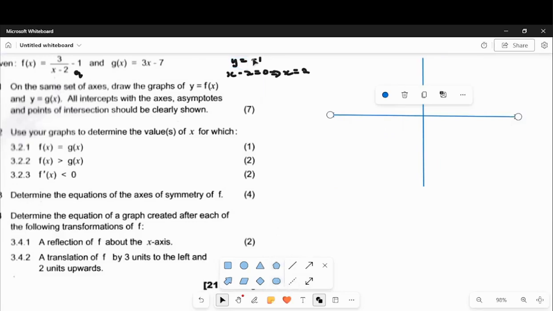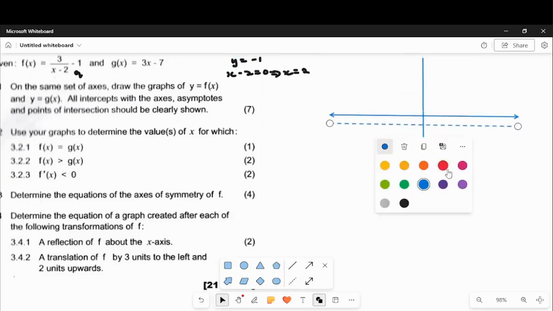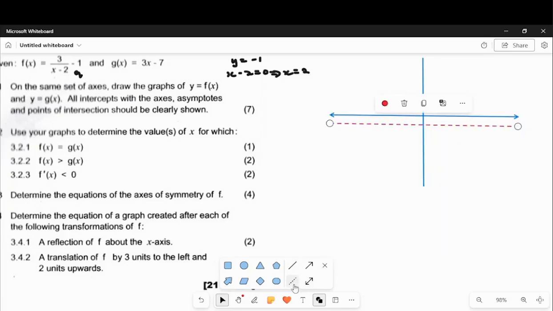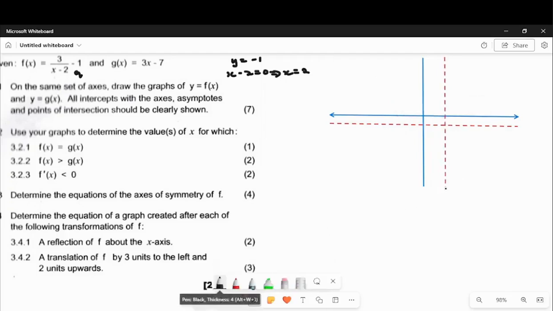And then the y value equals -1, which is our horizontal asymptote. For this red pen, the vertical asymptote x equals 2, so we'll have that there. And this is x equals 2, and y equals -1.